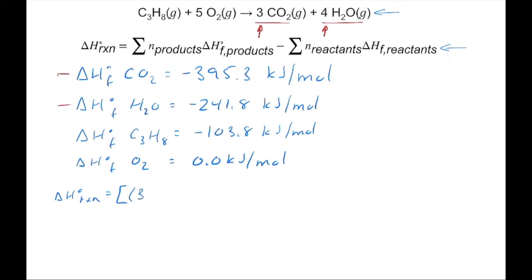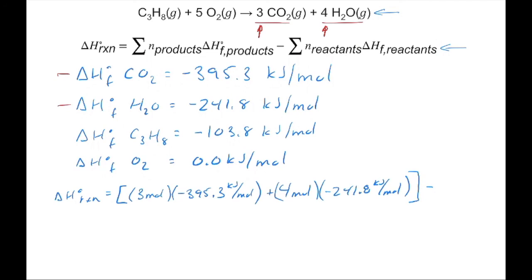So we're going to have 3 moles of carbon dioxide times minus 395.3 kilojoules per mole. And we're going to add to that 4 moles of water times minus 241.8 kilojoules per mole. And from that, we're going to subtract the reactants.